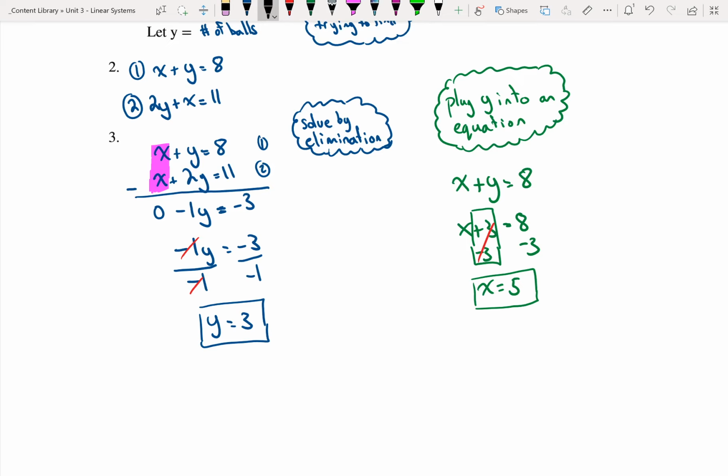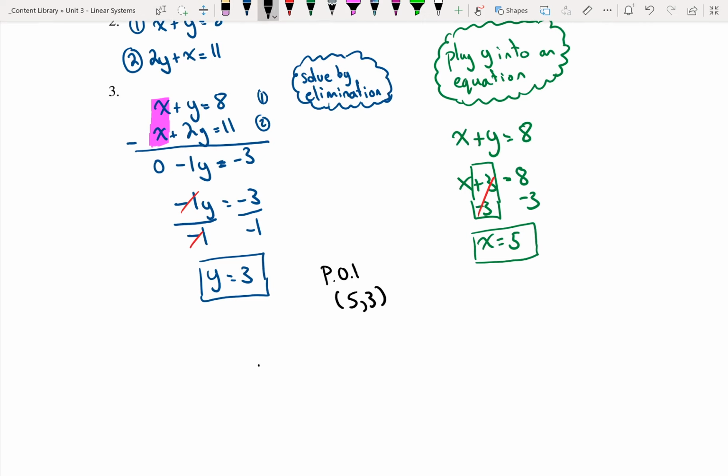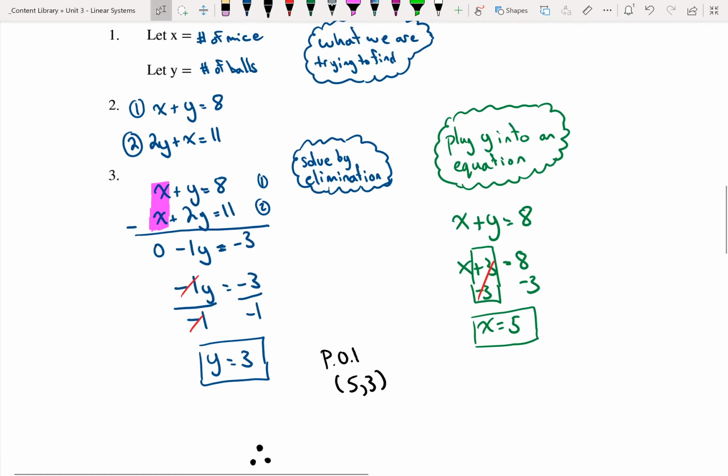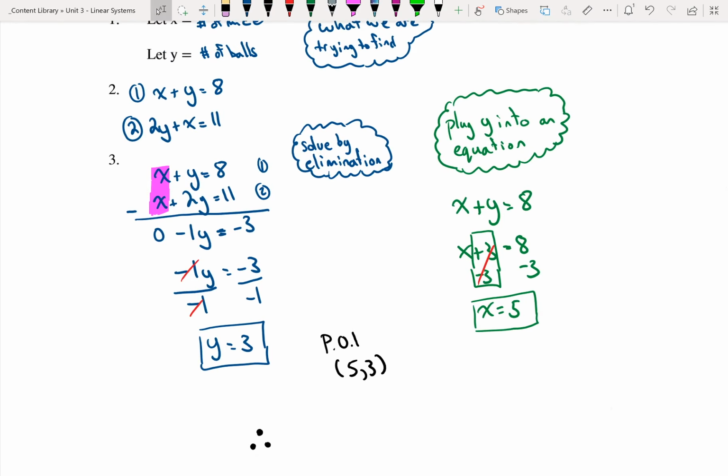So if these were just two equations of lines, I could say that the point of intersection is (5, 3). However, I'm going to use a therefore statement because these two variables don't just represent a point. They actually represent the number of mice and the number of balls.